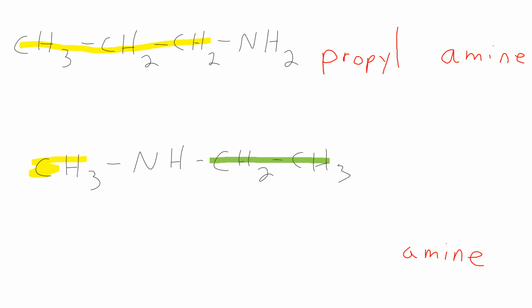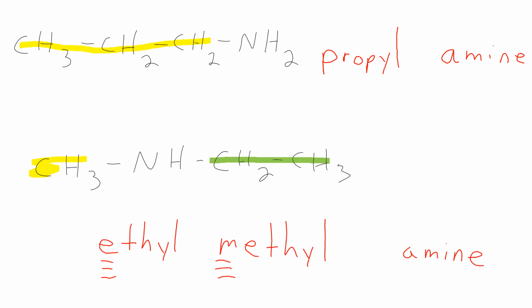So remember, I need to list these alphabetically. I have methyl and I have ethyl. Which one's going to come first? The ethyl comes first. So this will be ethylmethylamine. Why do we have it in that order? Well, it's alphabetical. The E comes before the M. So we would have ethylmethylamine as our name for this compound.